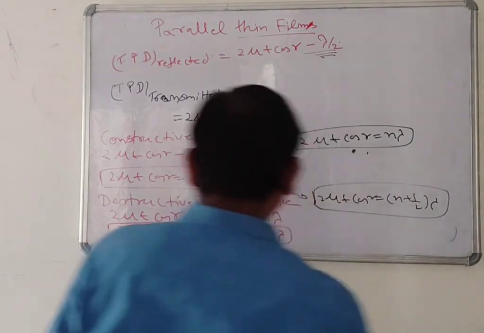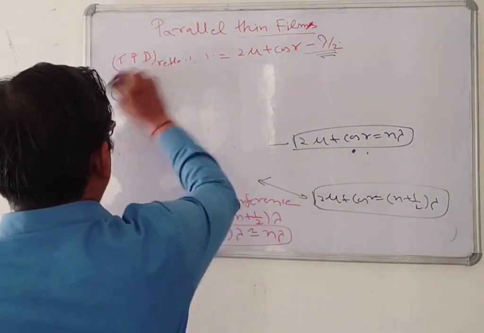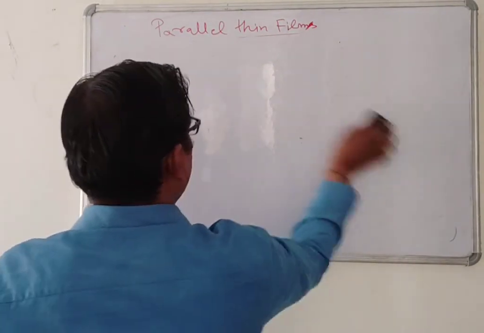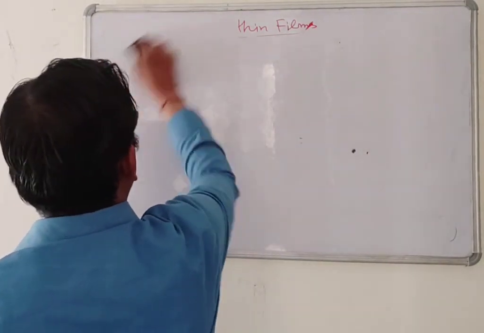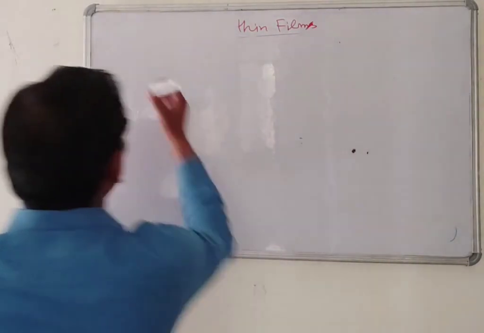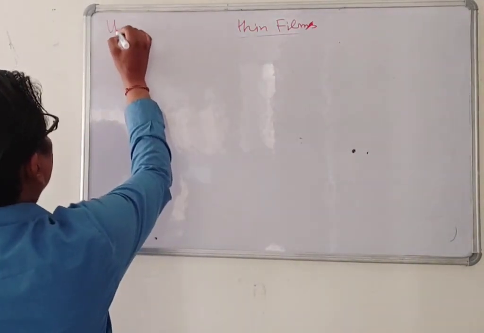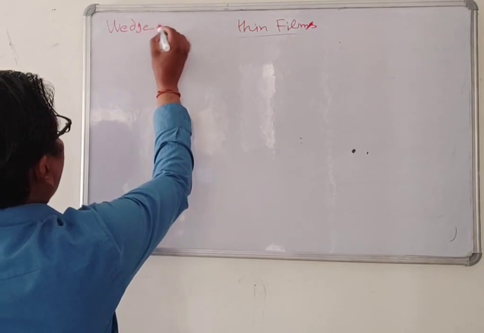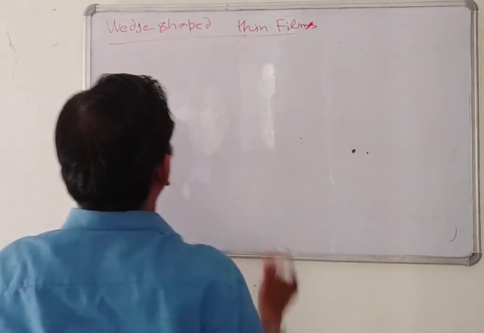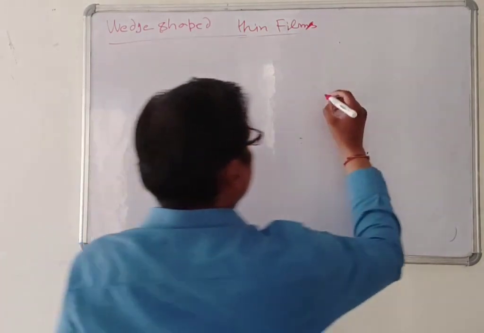Now again we will discuss the case of the wedge-shaped film. In the wedge-shaped thin film, what happens here?